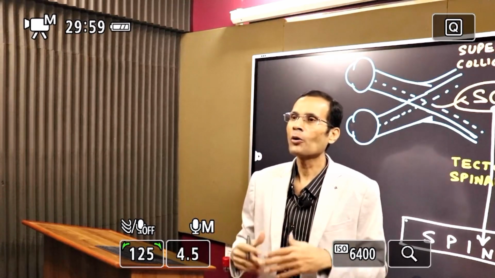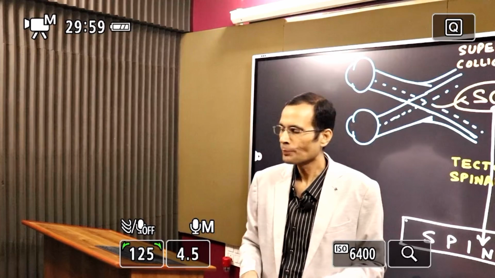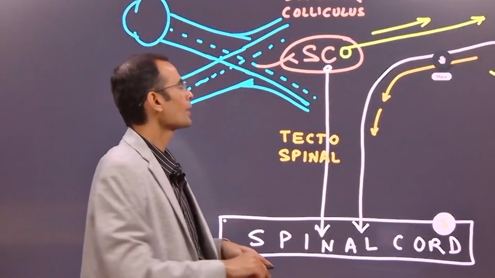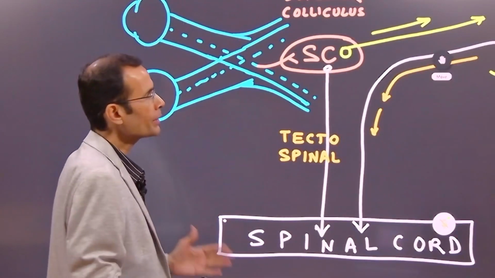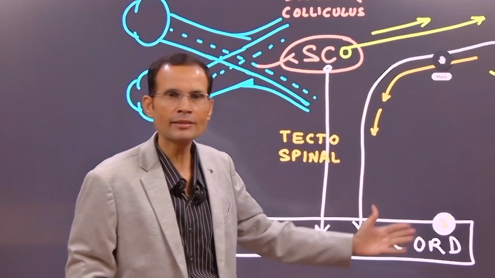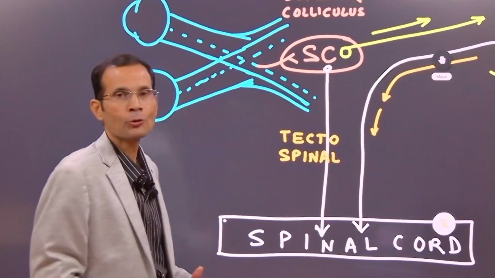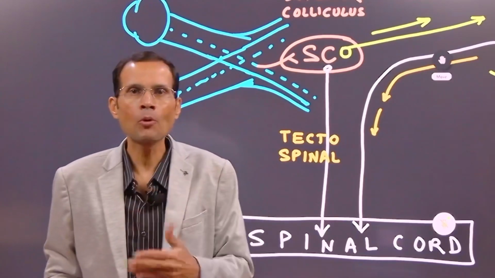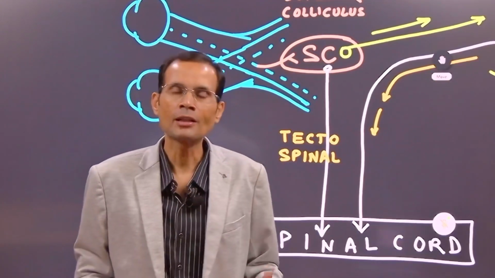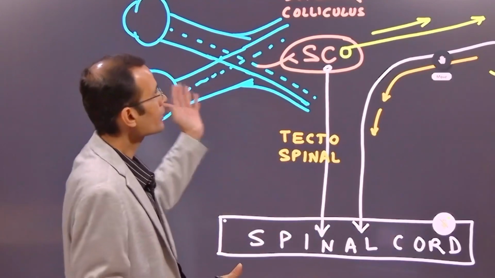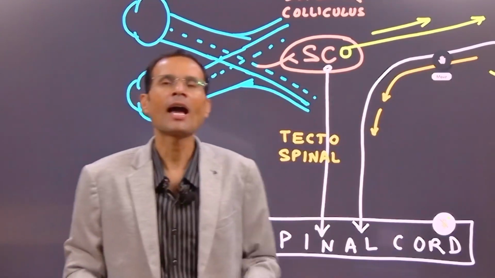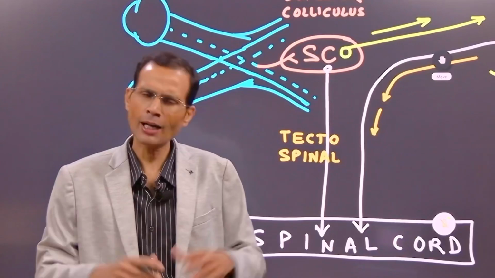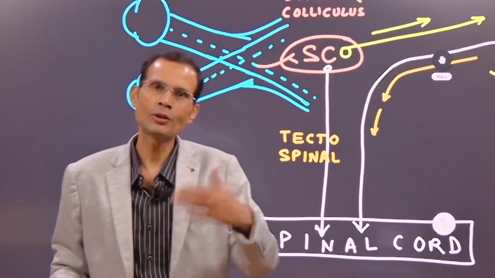So that's how eye-hand coordination is achieved, and better eye-hand coordination means better functioning of these circuits. How you can improve eye-hand coordination is simply more and more practice, more and more learning, because that will lead to consolidation of these synapses, and your eye-hand coordination for that particular specialty will improve.